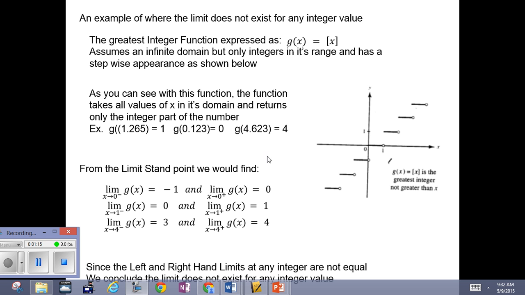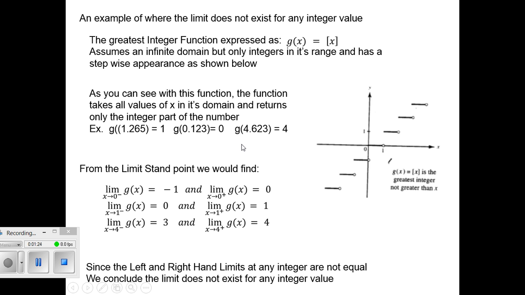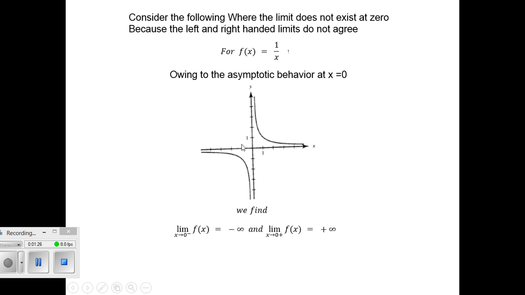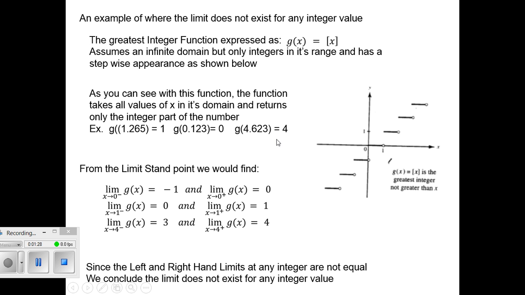And it's a rounding. If you were working with money, everything would be terminated to the integer, where the integer might be cent, dollars and cents perhaps. So the appearance is this stepwise progression. Here's the stepwise progression of a greatest integer function.